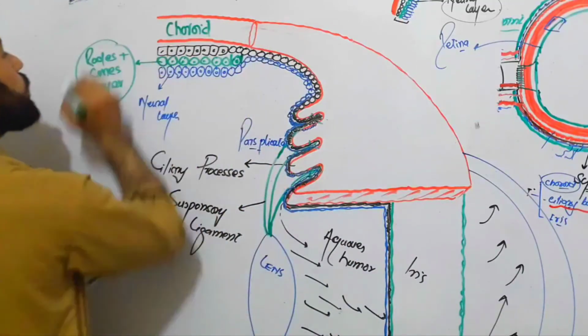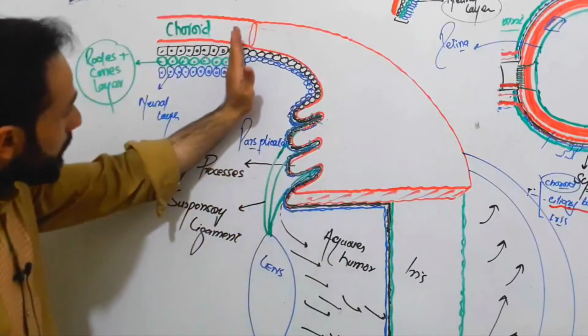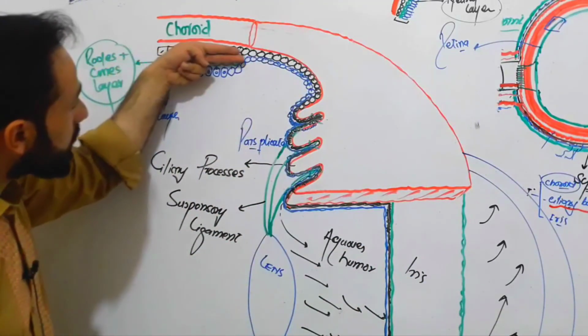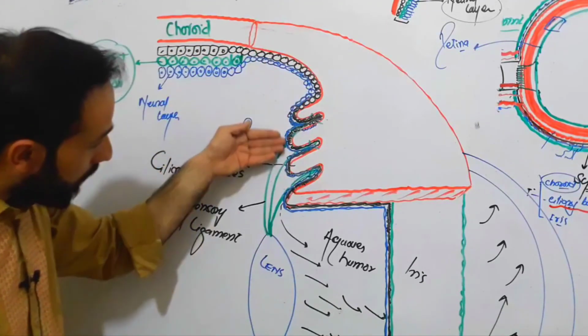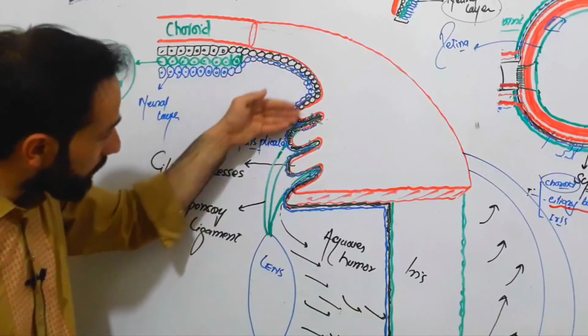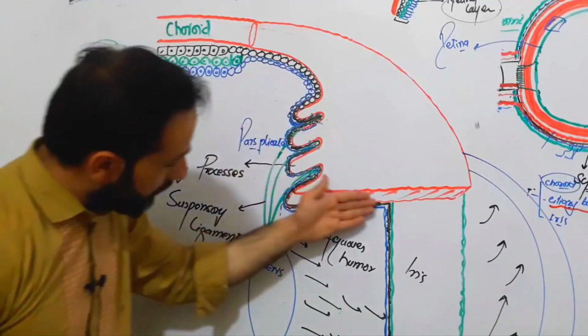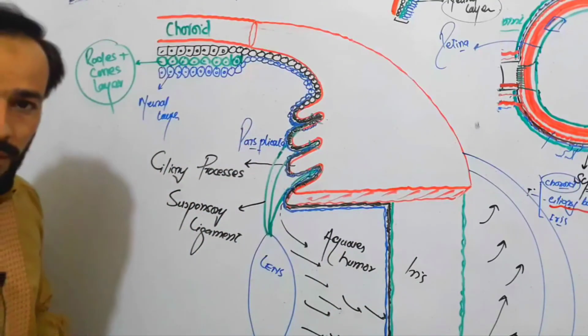The rods and cones layer of the retina will stop here, and the outer and inner layers of the retina will continue further forward on the posterior part, or the vitreal surface, of the ciliary body, and they will continue further down towards the iris, right?